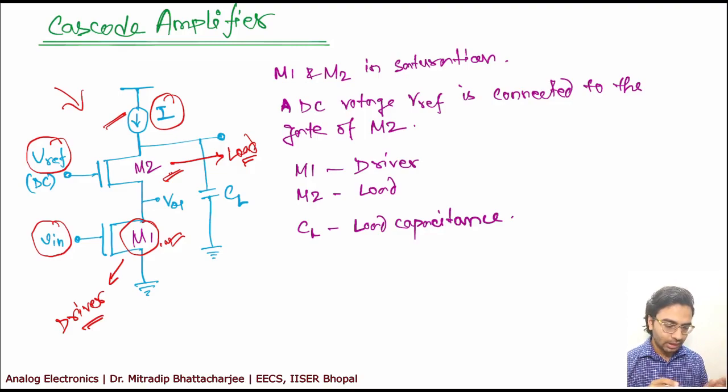In fact, I should not say it's not associated with the gain or primary operation, but just for argument, let us keep M2 as the load. CL is your load capacitance value, and we have an AC output, say V01, between M1 and M2. So this is the drain of M1 and the source of M2. All right.